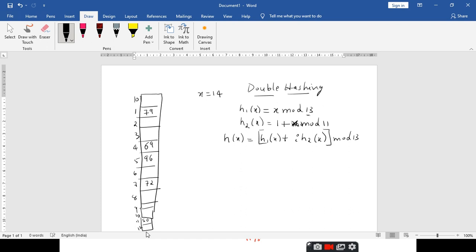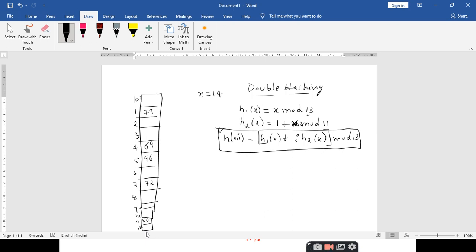This is how I am defining it. It's not a single variable, it's x comma i. It's all a formula based substitution, a very simple thing. So h of x comma i is equal to h1 of x plus i into h2 of x mod 13. This is the actual hash function I should apply.